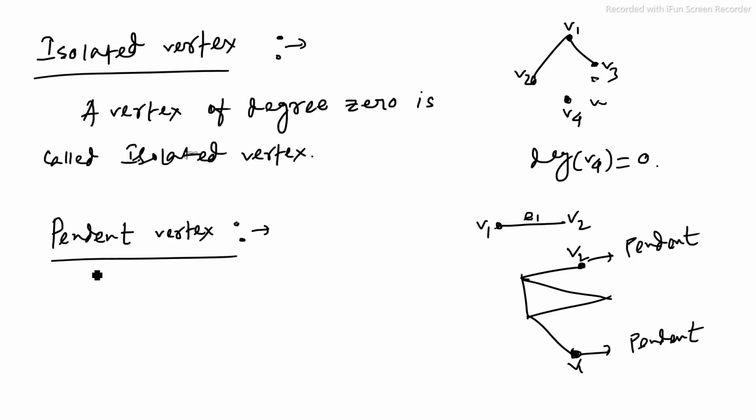So what is the definition of a pendant vertex? A vertex of degree 1 is called a pendant vertex.